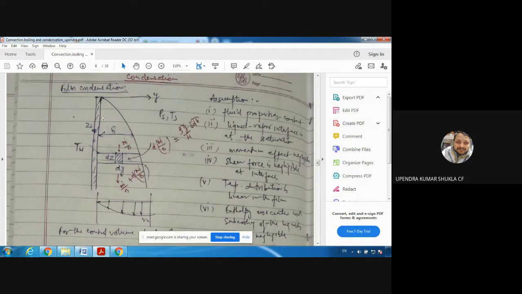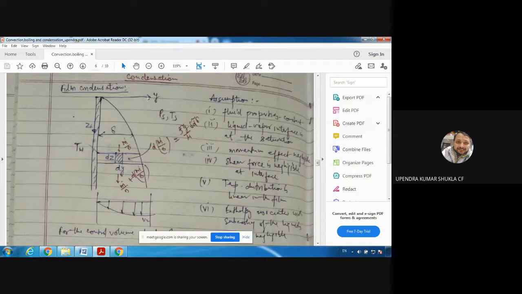Now some drops may combine, and after combining, their mass will increase. Once mass increases, you know that gravity is acting in the negative z direction; the positive z direction we have taken towards this, and this is our frame of reference for analysis.